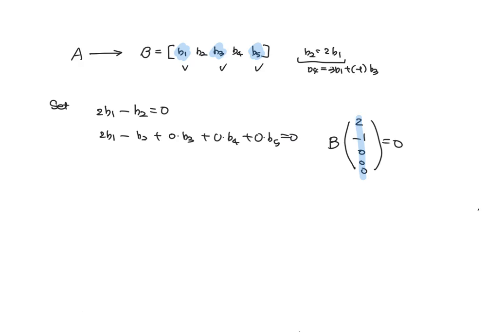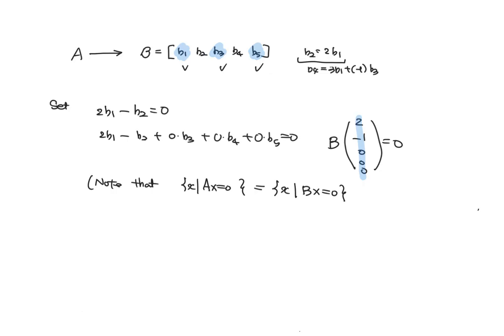As you solved in the midterm, the solution set for the homogeneous problem is not changed when you replace any coefficient matrix with its reduced row echelon form. Right? So note that the solutions for AX equals 0 will always be the same as the solutions for BX equals 0.